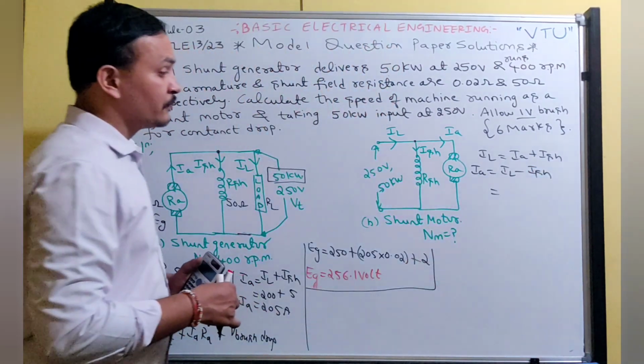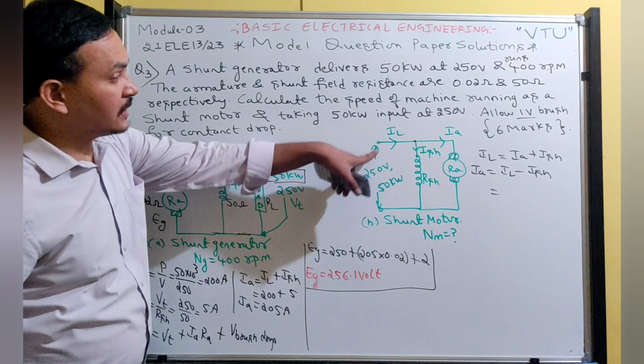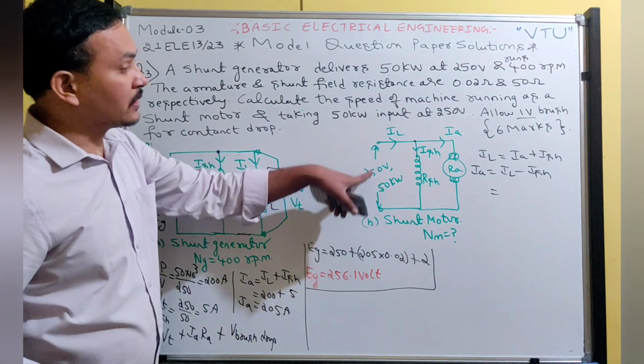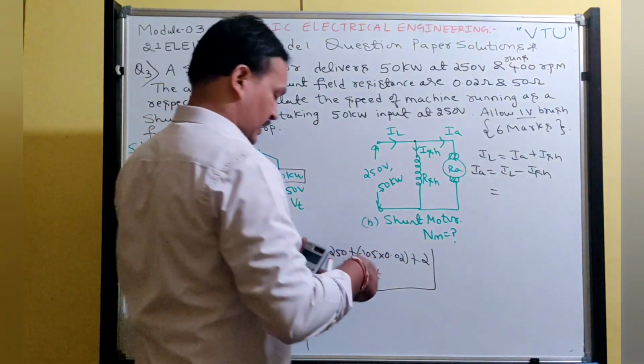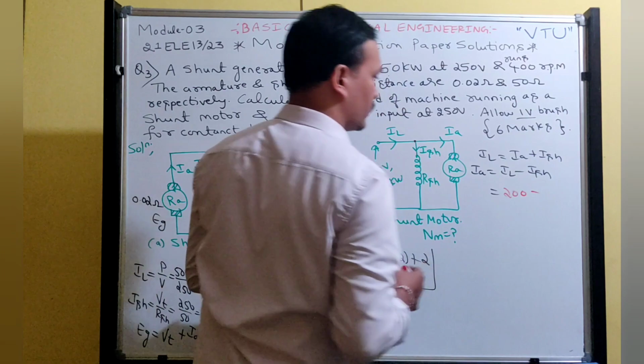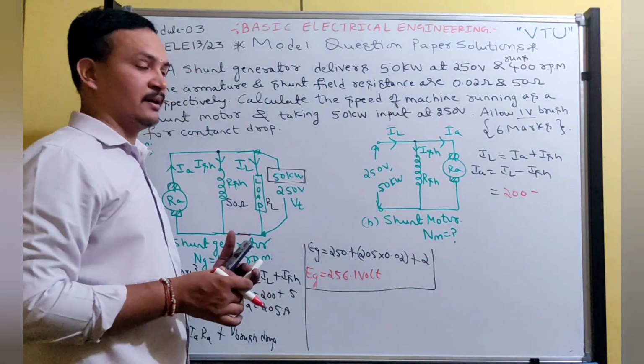What is IL? Using this data, that is the input current, line current, power by voltage you get current. We have already done this side. That is 200 ampere, that is the load current, sorry, line current.